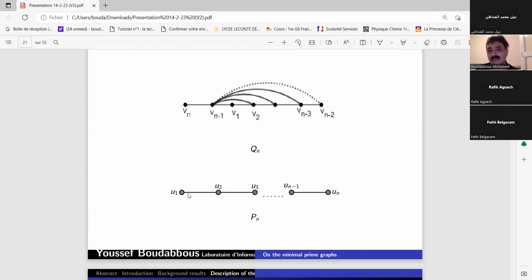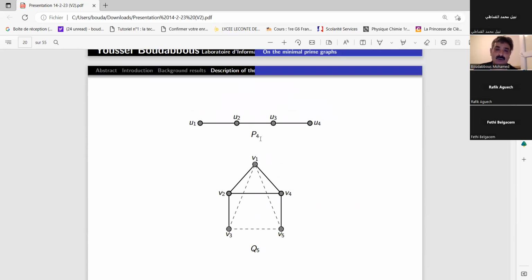And the graph Qn: we have a path V1 to Vn minus 2, and we add Vn minus 1, which is adjacent to Vn and adjacent to V2, V3, up to Vn minus 3. It is not adjacent to Vn minus 2. This is the figure of Qn. For example, this graph is Q5.